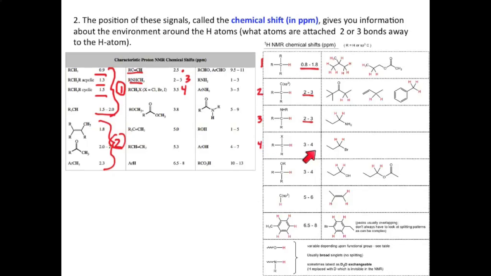Again, we should have a chemical shift of approximately 3 to 4 ppm. So when I have a hydrogen connected to an sp3 carbon, and that sp3 carbon is connected to a halogen, that chemical shift will be anywhere between 3 and 4 ppm. We can see that in an example here, H to sp3 to Br, 3 to 4.